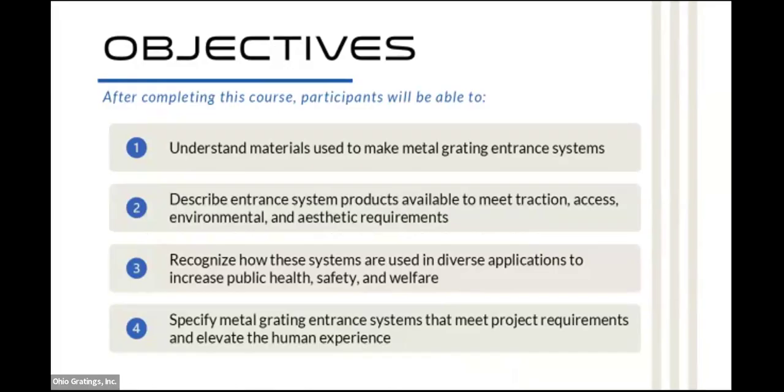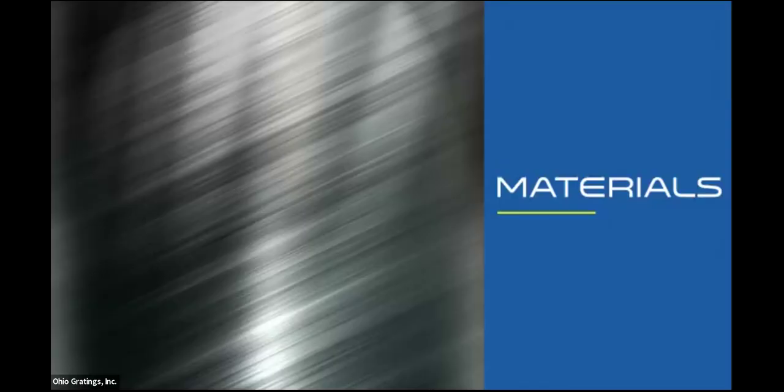You should be able to describe entrance system products available to meet traction, access, environmental, and aesthetic requirements. You should be able to recognize how these systems are used in diverse applications to increase public health, safety, and welfare, and then you should be able to specify metal grating entrance systems that meet project requirements and elevate the human experience of those that are interacting with these systems.